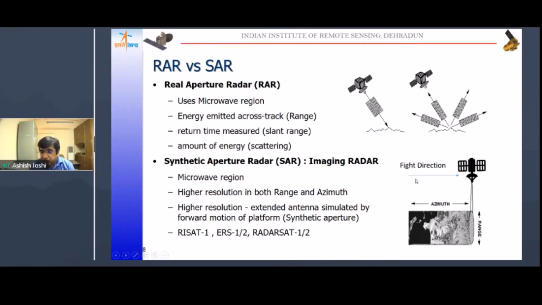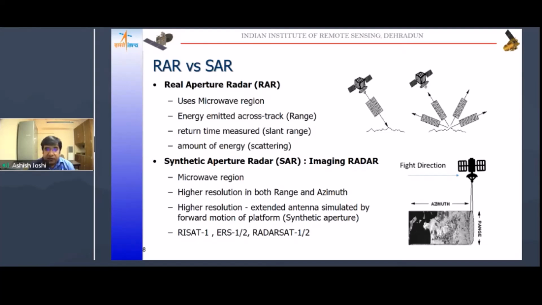During the motion of the sensor, it will simulate a large antenna to have a better azimuth resolution. This is called the synthetic aperture. Due to the motion of the sensor, it simulates a large antenna, and that large antenna has high azimuth resolution. So we have high resolution images both in range and in azimuth direction.